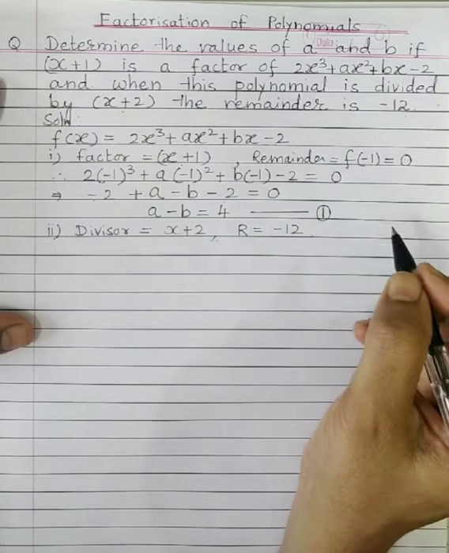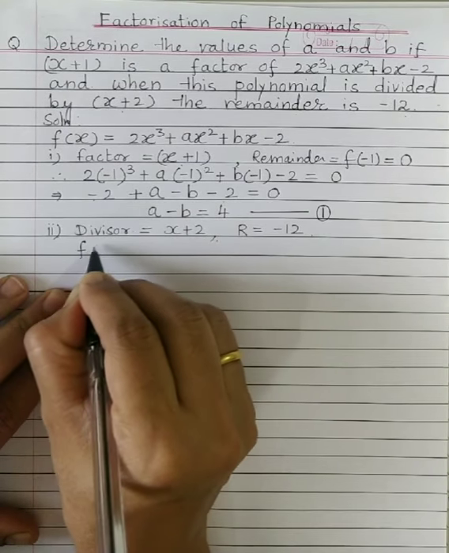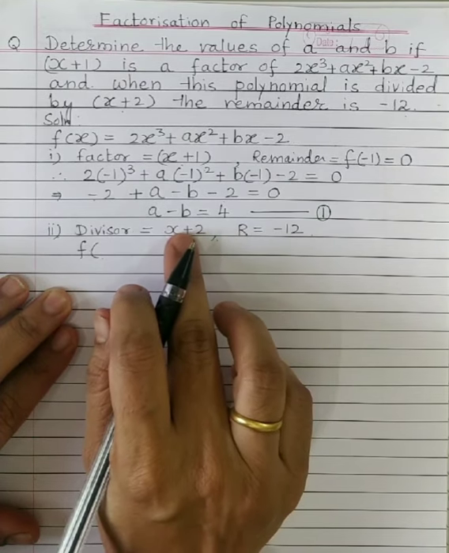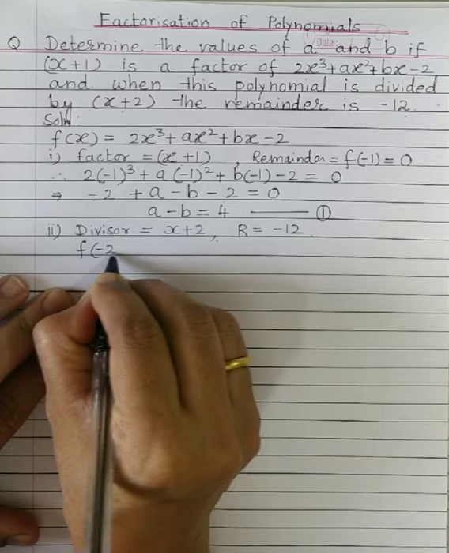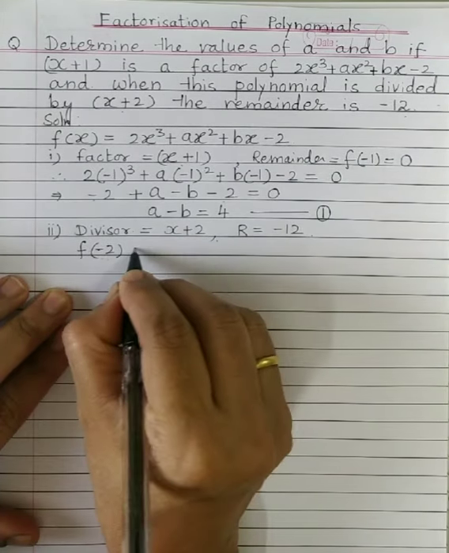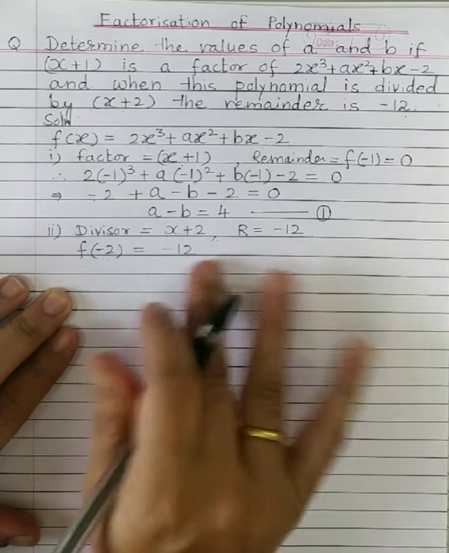Again, we shall use our remainder theorem. By the remainder theorem, what will be the remainder here? You would equate x plus 2 equal to 0, so x will be replaced by minus 2. So by the remainder theorem, our remainder is f of minus 2, which according to the question is minus 12. I hope this step is clear to you all.